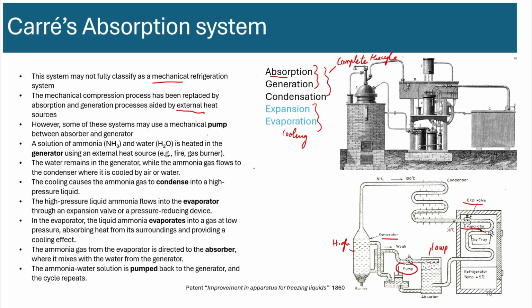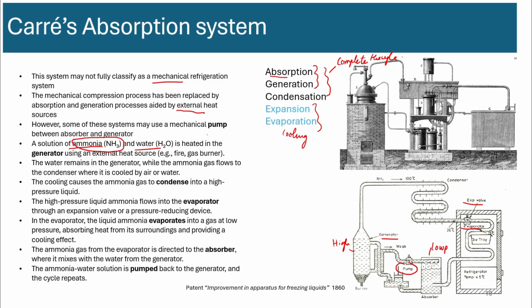And in this case, in Carr's absorption system, the refrigerant or the cooling fluid is basically a mixture of ammonia and water. They're not always a mixture. At some point, ammonia separates from water in the generator and it does all the cooling. So actually, if you look at the actual cooling fluid, it is ammonia.